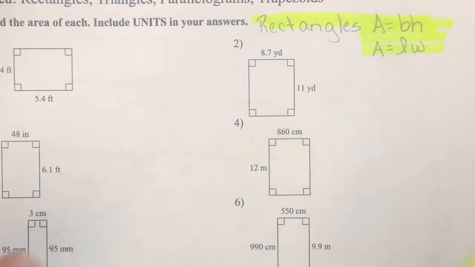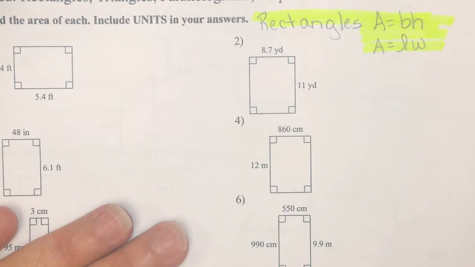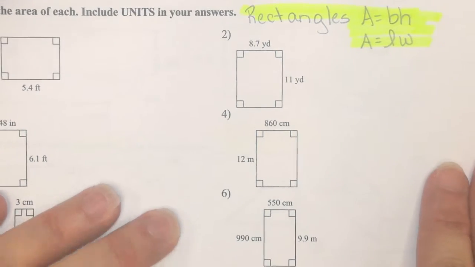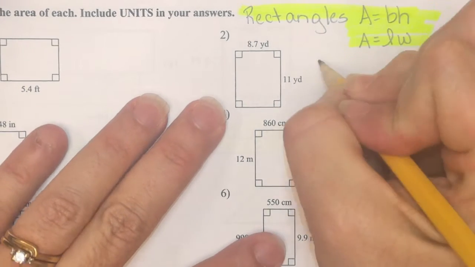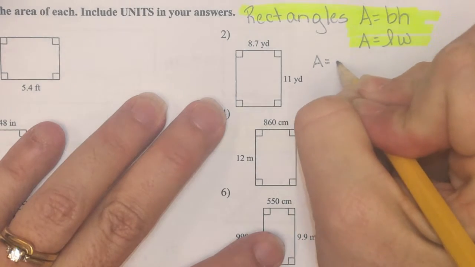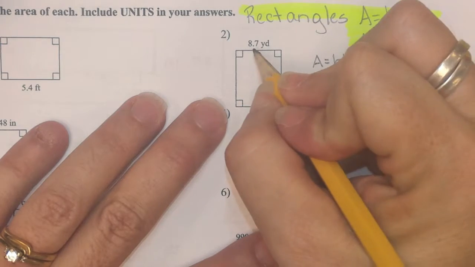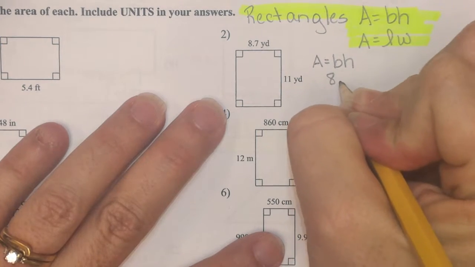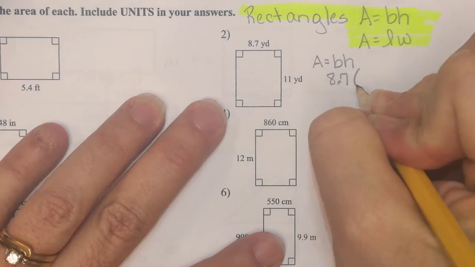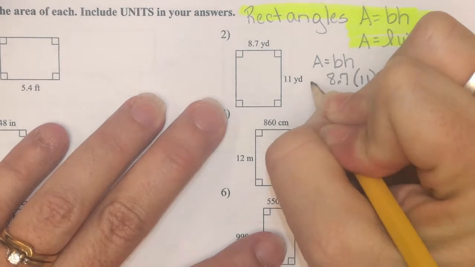Okay? Now, with a rectangle, like if I do number 2 right here, I would first write the formula, whichever one you want to use. I'm going to say my base is 8.7. My height is 11.